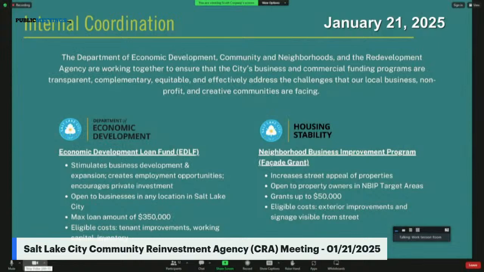Each of these programs also has different geographies. The EDLF is available citywide, the facade grant program is available within established target areas, and the CRA programs will be available in project areas. Next slide, please.